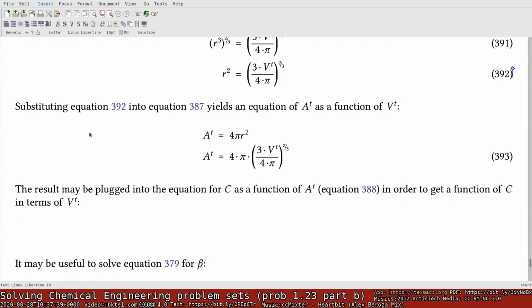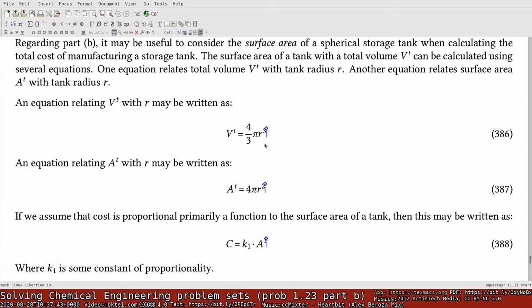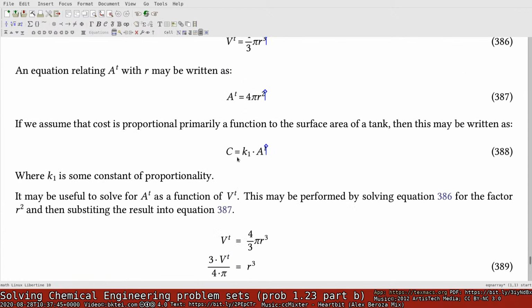All right, so let's go ahead and put in equation 388, was this one.